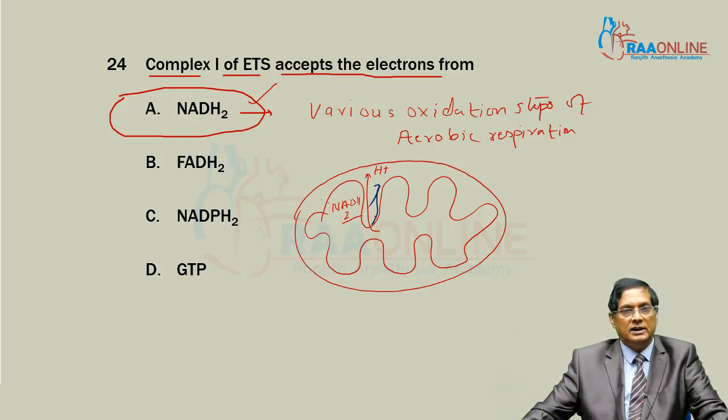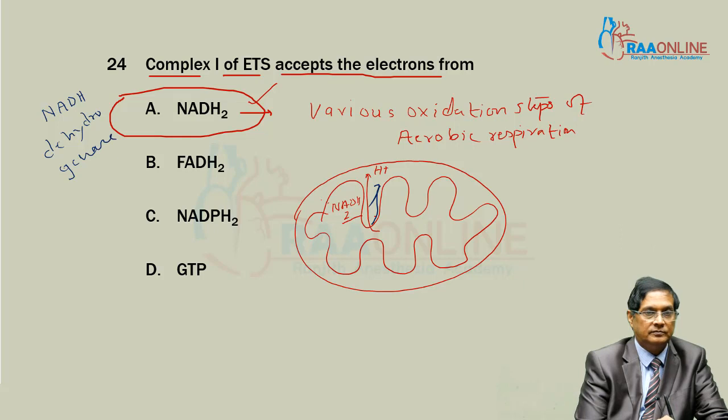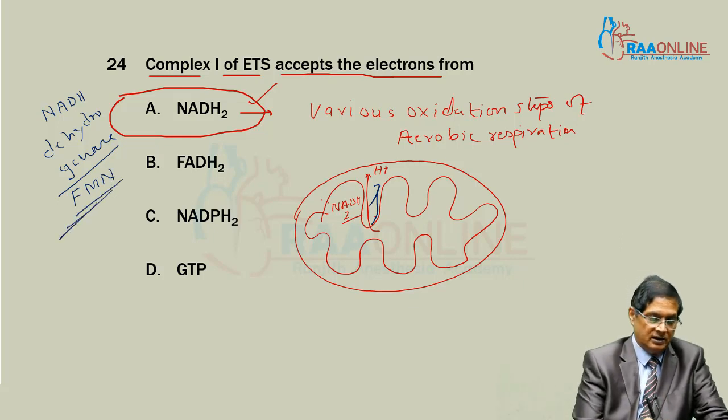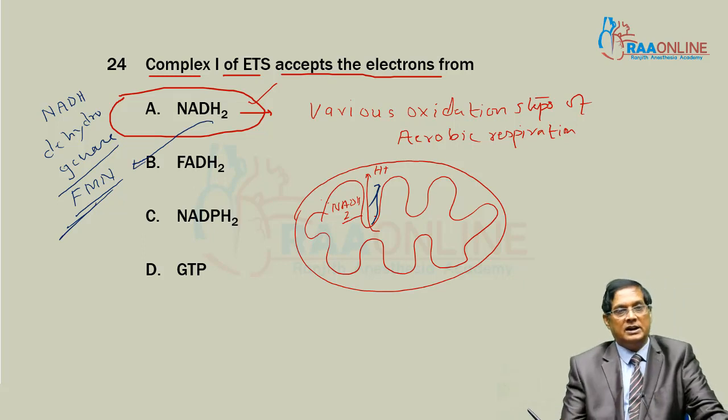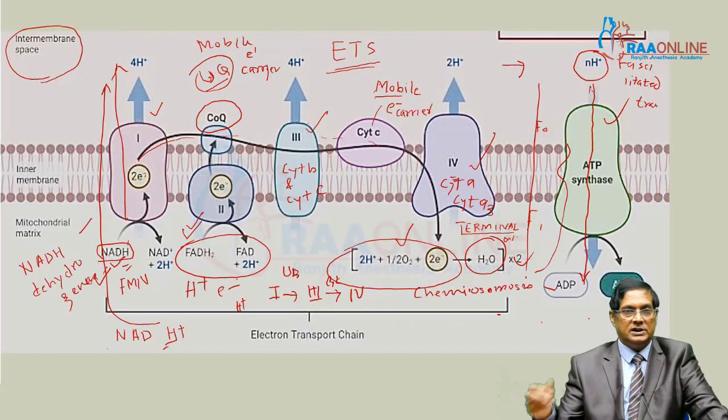There is complex one. The name of the enzyme is NADH dehydrogenase, and its prosthetic group is FMN, flavin mononucleotide, which receives the electron from NADH, and hydrogen ions are transferred to the intermembranous space.